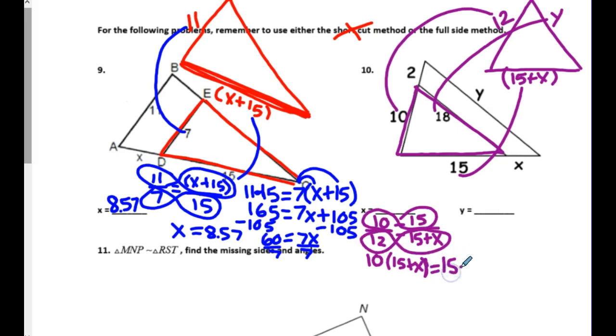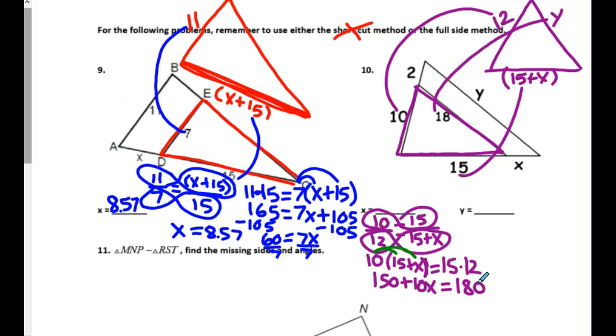15 times 12. Alright. And now I'm going to distribute 10 times 15, 10 times x. 10 times 15 is 150. 10 times x is 10x. And then 15 times 12 is 180.